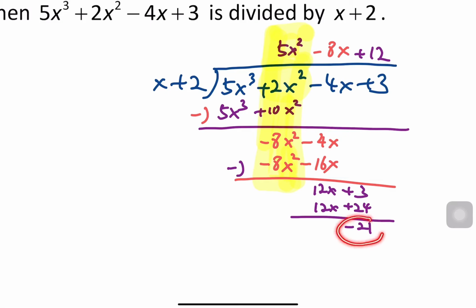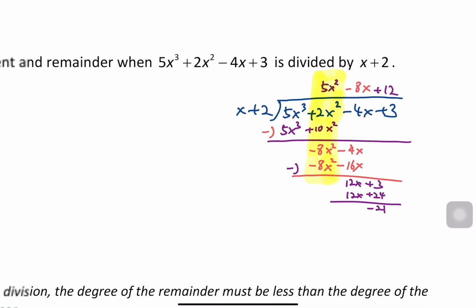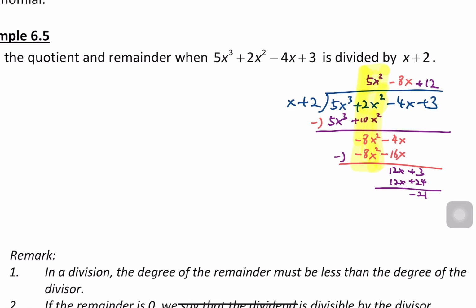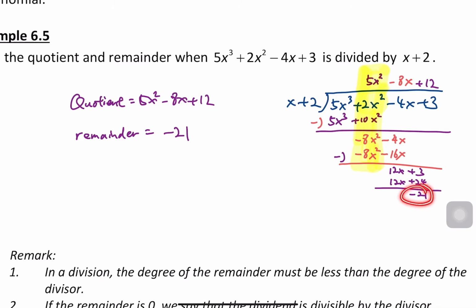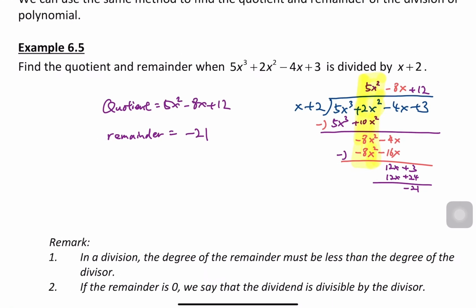If they are polynomials, then we can stop. Okay, then it satisfies the requirement. So the quotient is equal to 5x squared minus 8x plus 12. And the remainder is equal to negative 21. Because the degree is 0 and the degree of the divisor is 1, now we can stop.